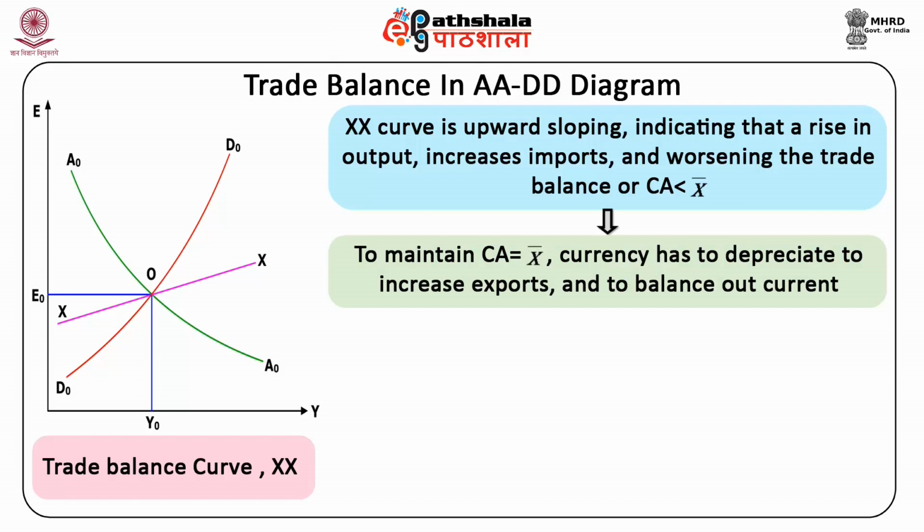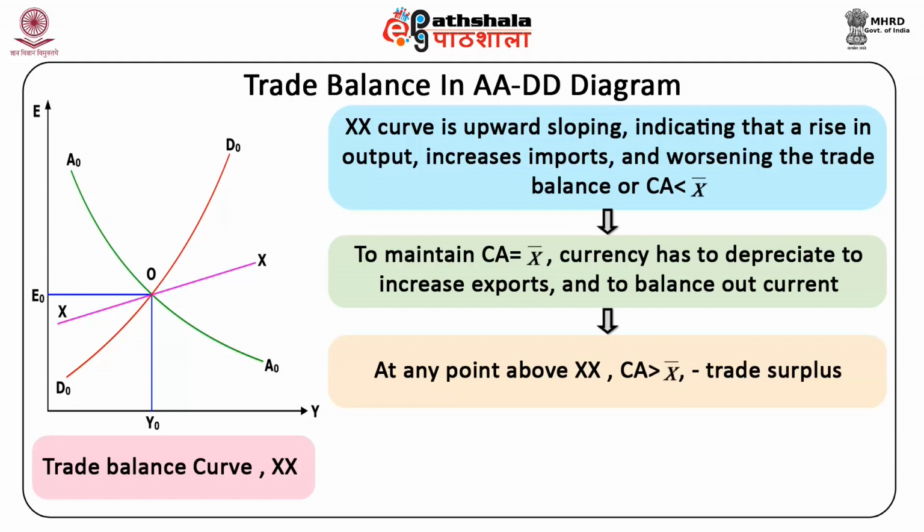To maintain CA = X bar, the currency has to depreciate to increase exports and balance out the current account. Note that at any point above the XX curve, CA is greater than X bar, or there is a trade surplus. At any point below the XX curve, there is a trade deficit, or CA is less than X bar.